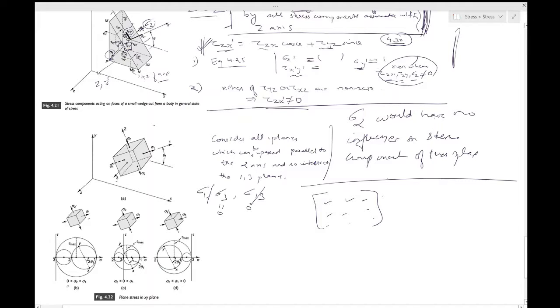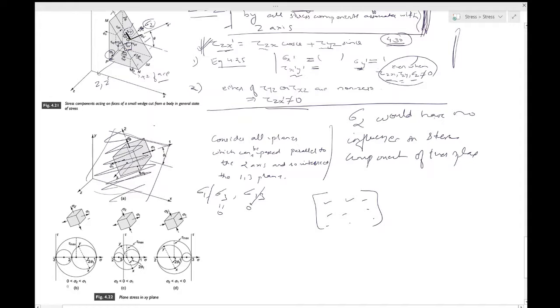For a moment take a case in which you have a plane drawn parallel to sigma 3, and this is the situation which you had in your previous section.